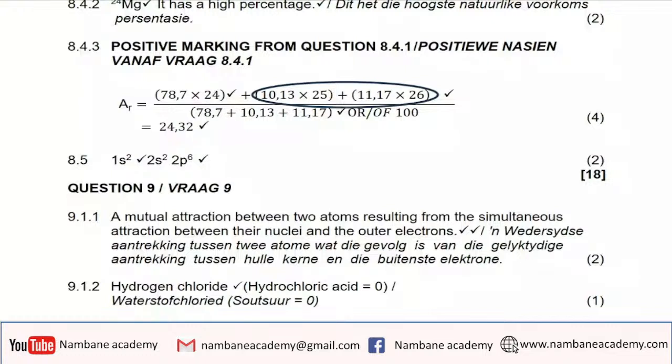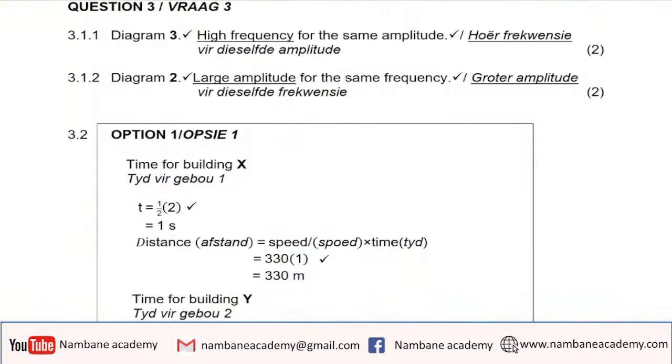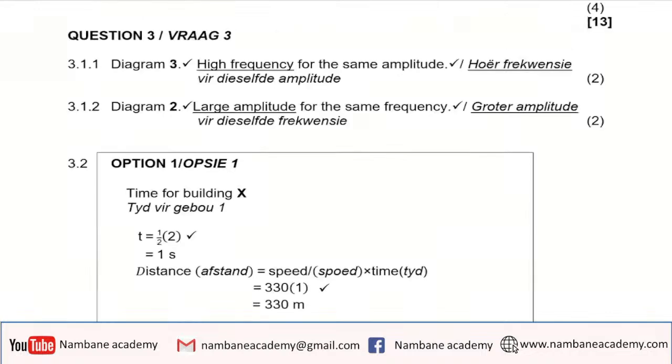So the question is, can we accept when learners say diagram 3 because it has a shorter wavelength compared to the other 2 diagrams, with high frequency underlined as an option? Okay, no, we can accept it. That diagram is also depicting that. It's fine. That shorter wavelength is for the same period.